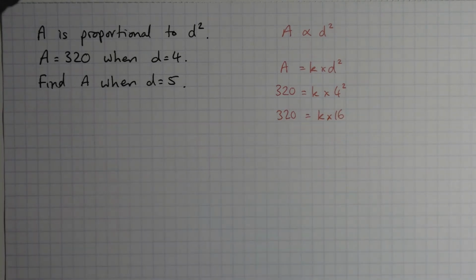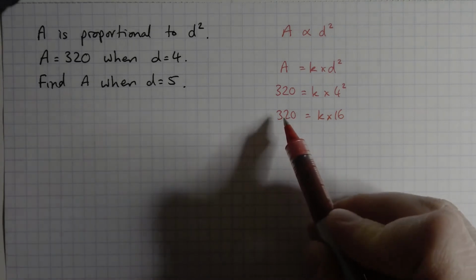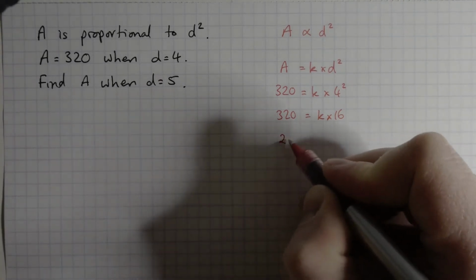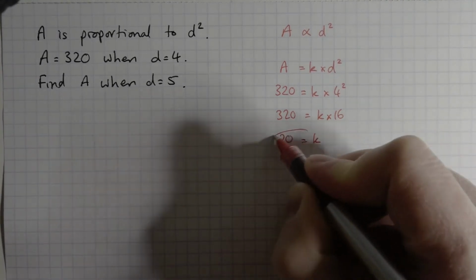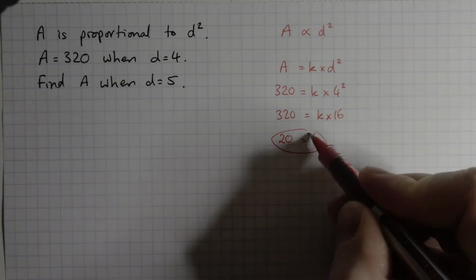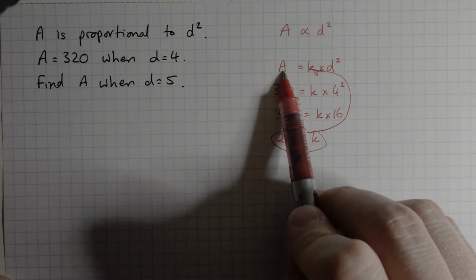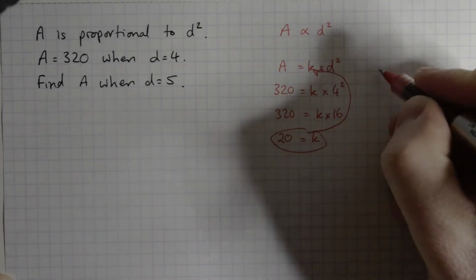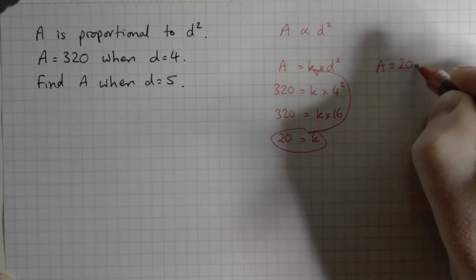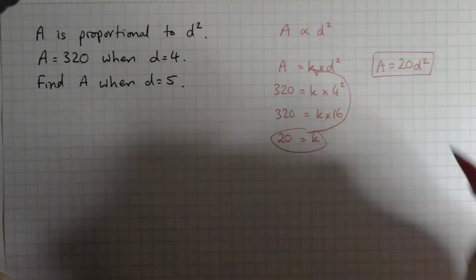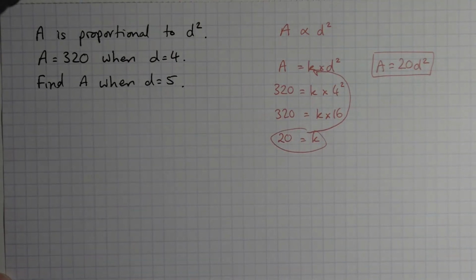So let's divide both sides by 16. And 320 divided by 16, I believe to be 20. Now I know that k is 20, it can go back into here, and so it's not really a equals a mystery number times d squared, it's a equals 20 times d squared. Again, write it with or without the times sign.